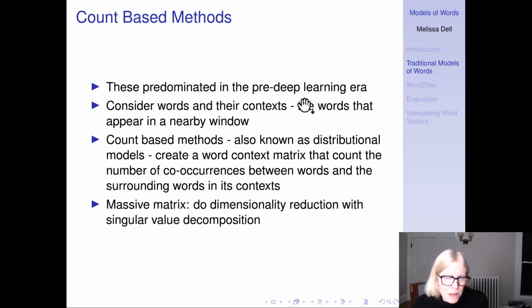Contexts are the words that appear in a nearby window. And count-based methods, also known as distributional models, created a word context matrix that counted the number of co-occurrences between words and the surrounding words in its context. So this was a really large matrix, and so they did dimensionality reduction with singular value decomposition.